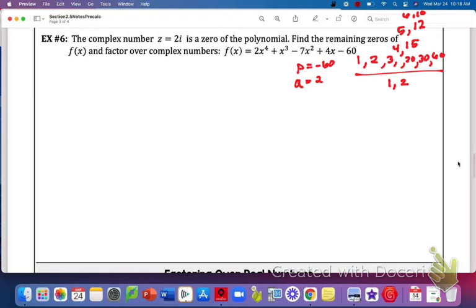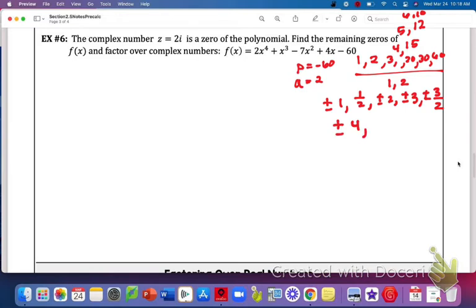So I have a 1, I've got a 1/2, I've got 1, and I got 2 over 1, so 2 over 2 is already taken. Then a 3 over 1, so plus or minus 3, plus or minus 3/2, plus or minus 4.